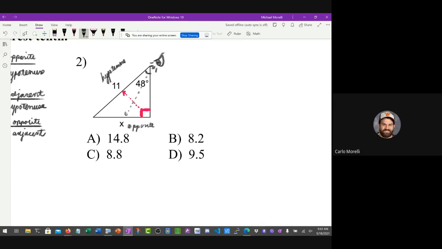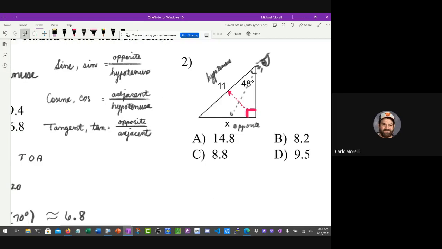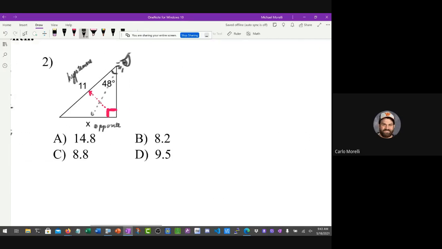So I'm dealing with the opposite and the hypotenuse. If I go back and look at my trig functions, that's sine. So what you're going to write down in your work is the sine of 48 degrees is equal to the opposite over the hypotenuse, which is x over 11.